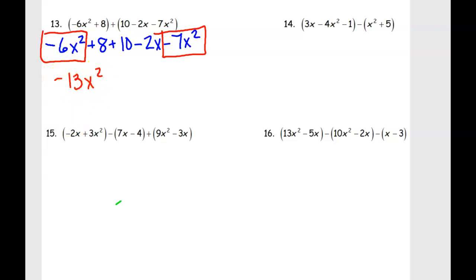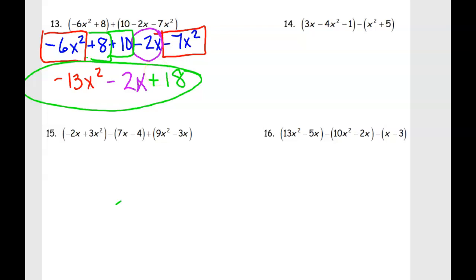All right, and I go down to the next exponent, which is just 2x, but there's nothing I can combine it with, so it's just going to be a negative 2x. All right, and then I'm going to combine 8 and 10, and when I do that, I get 18. All right, so there's my answer.